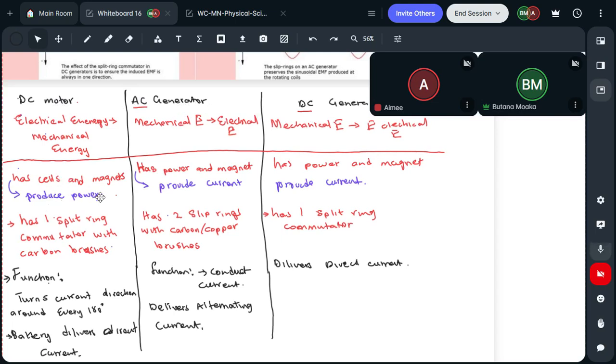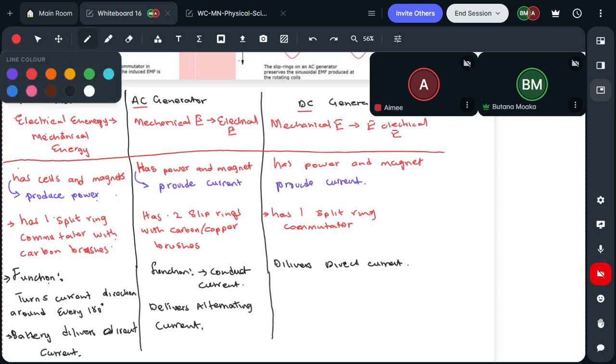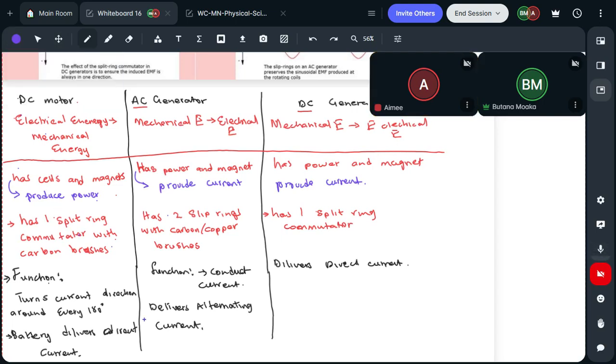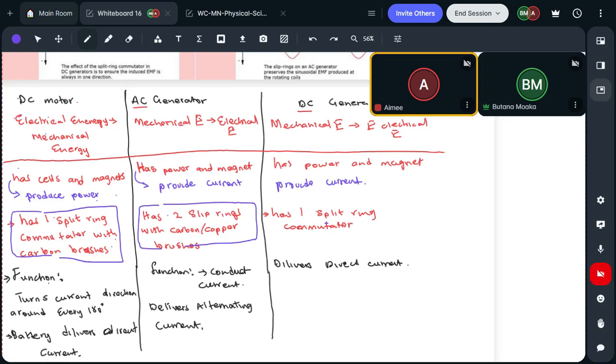You just have to look at the split ring or the slip rings. We said DC motors have one split ring commutator with carbon brushes, and AC ones have two slip rings. And then a DC generator has one split ring.